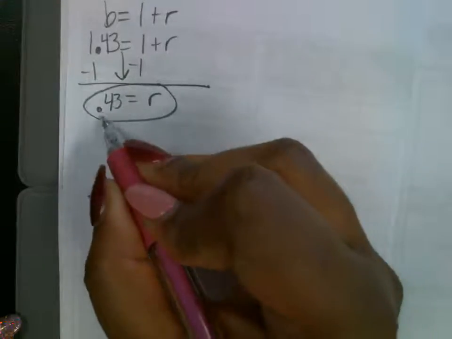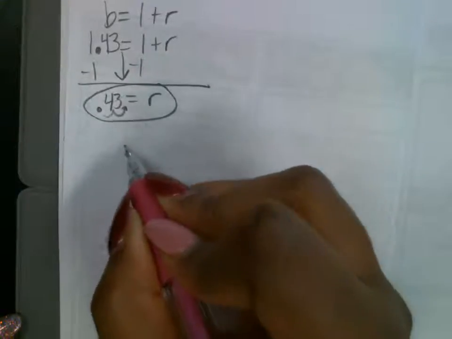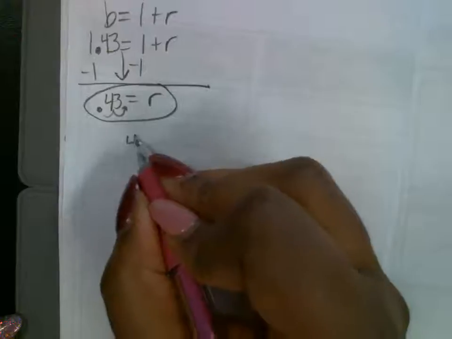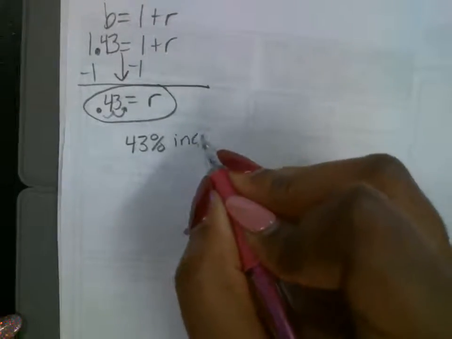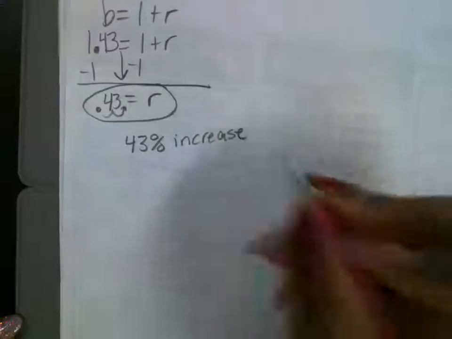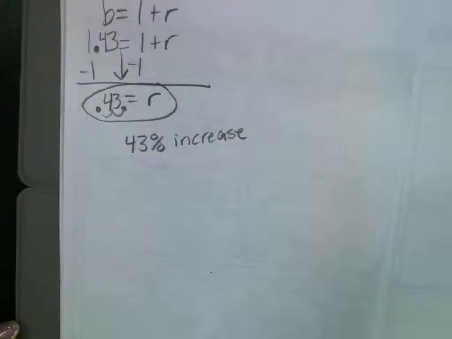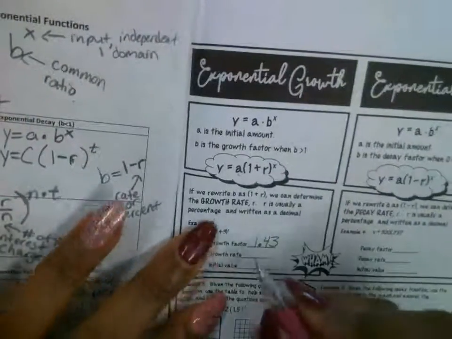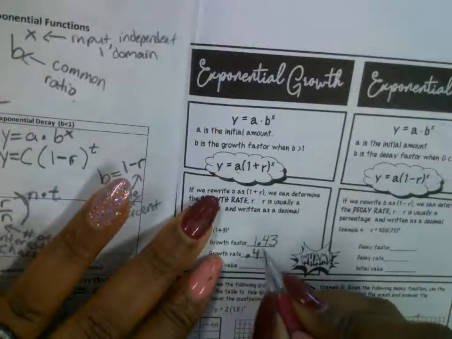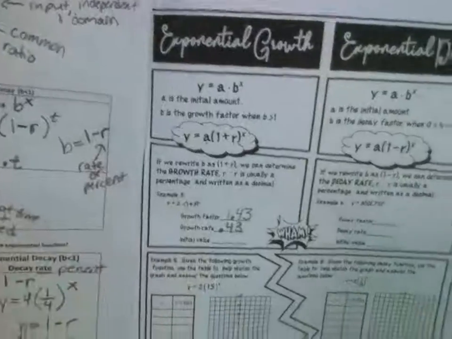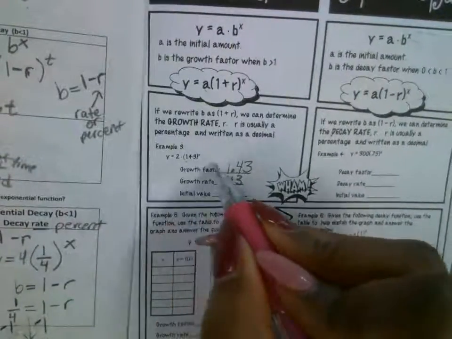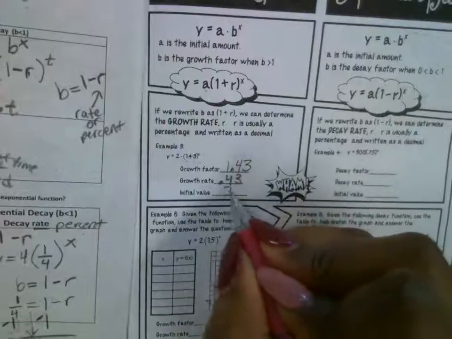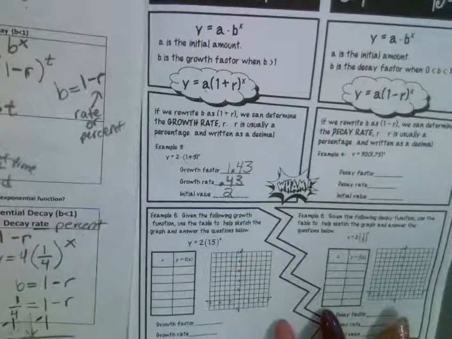Move the decimal 2 places. And so what percent would this be? 43% what? Increase. Any questions about how we got that? Okay, so it's 0.43. What's the initial value in this equation? 2. Any questions about how I did that?